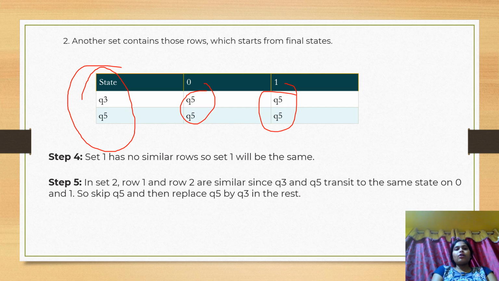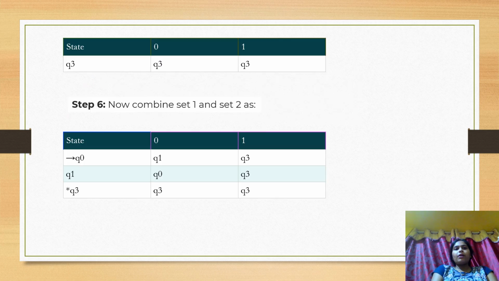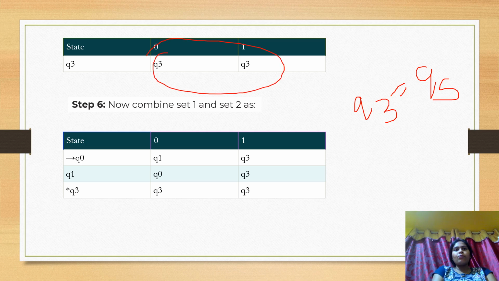So skip Q5 and replace Q5 by Q3 in the rest. Since both states have the same transitions, you can replace Q5 with Q3 or replace Q3 with Q5. So we obtain this table where we have converted Q5 to Q3, and that is the reason that in place of Q5 we have put Q3.